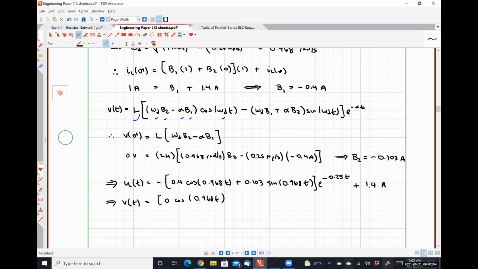I could just as easily not have included that part, but I want to show you that it will be of the exact same form, plus 0.826 sine 0.968 t e to the minus 0.25 t volts. All right, so we'll give you a minute to finish writing that down, and then we are going to spend the next 5 minutes or so looking at LTspice and seeing how we can verify these things.